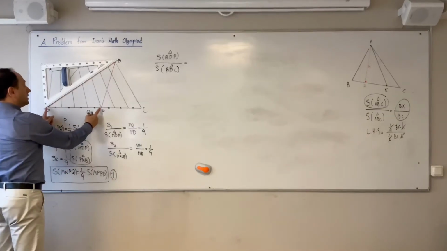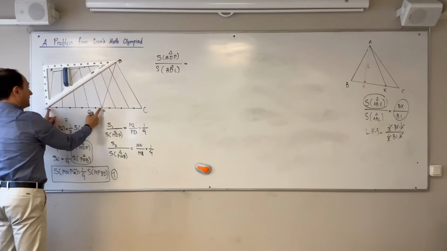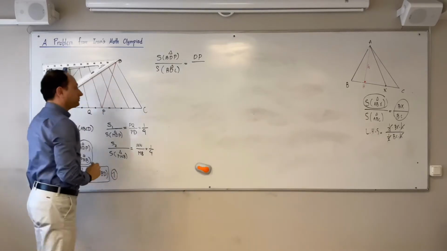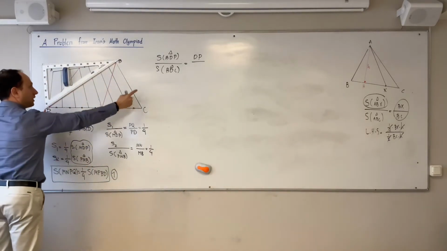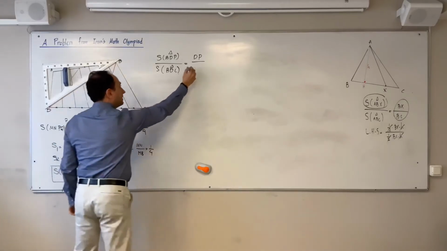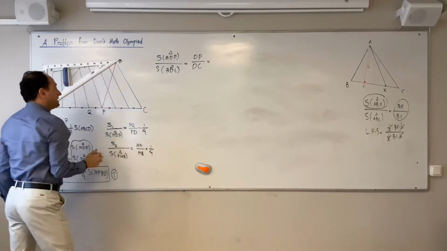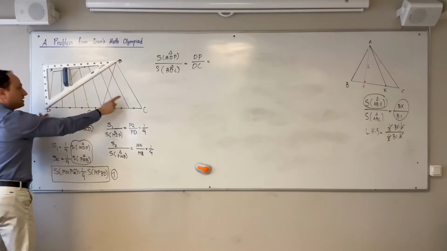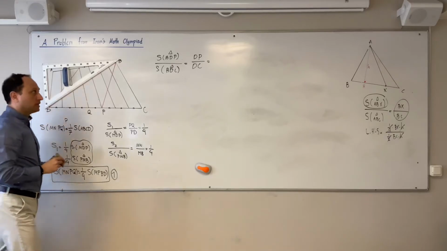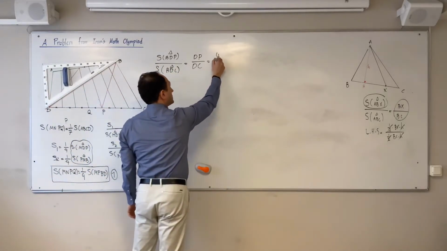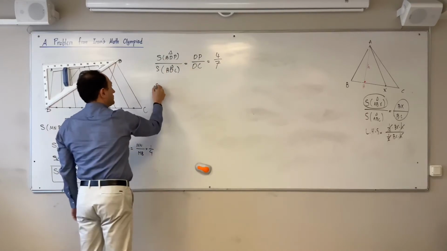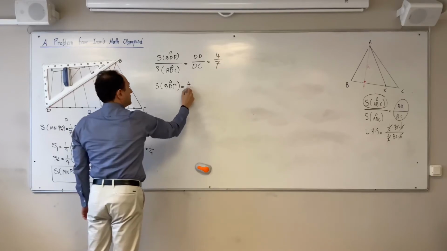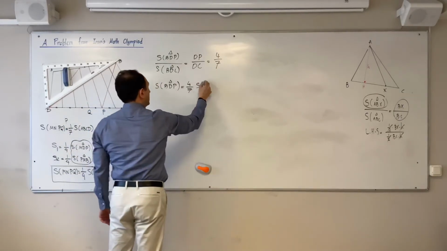The base of the first triangle is DP, and the base of the triangle BDC is DC. But you see that DP is 4 of these parts and DC is 7 of those parts. So the ratio is 4/7. This means that the surface area BDP is 4/7 of this surface area.